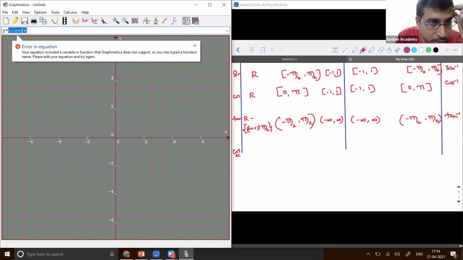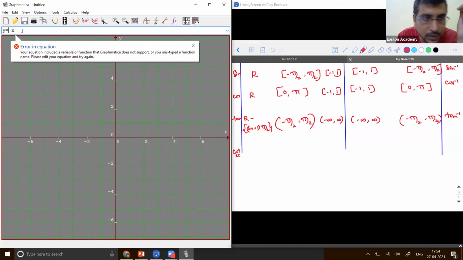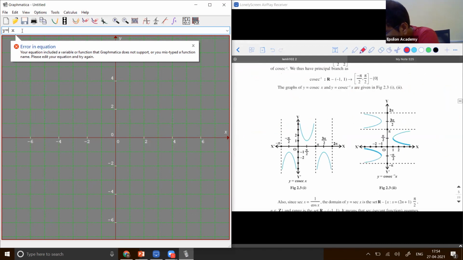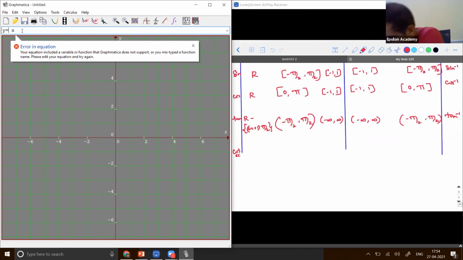Not sure why it is not accepting. Okay, so cosecant x, I'll show it from the graph here. So what should be the domain of cosecant x? This also we discussed, no? You can substitute any real number except the values of x for which sin x becomes 0.